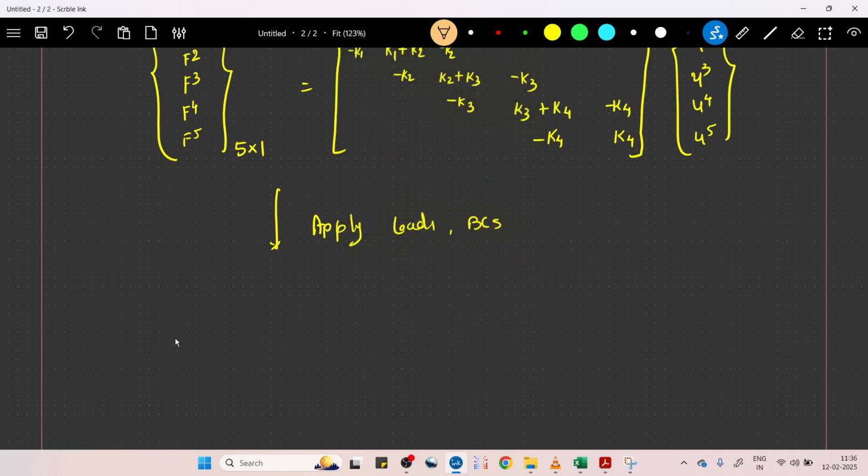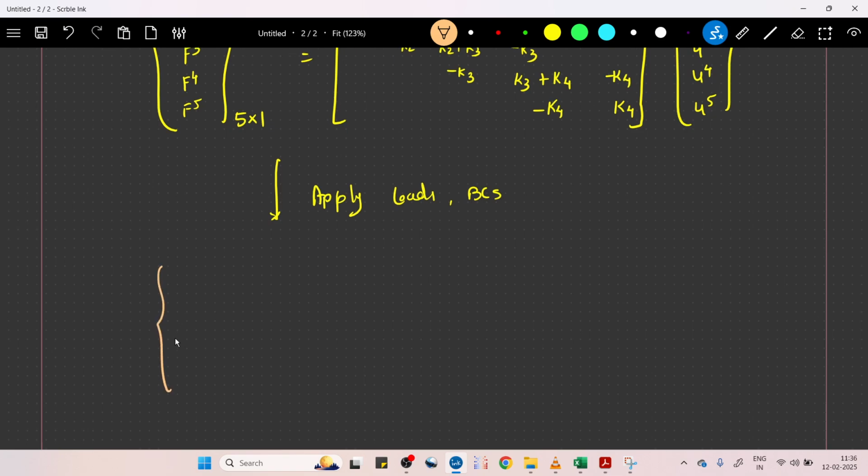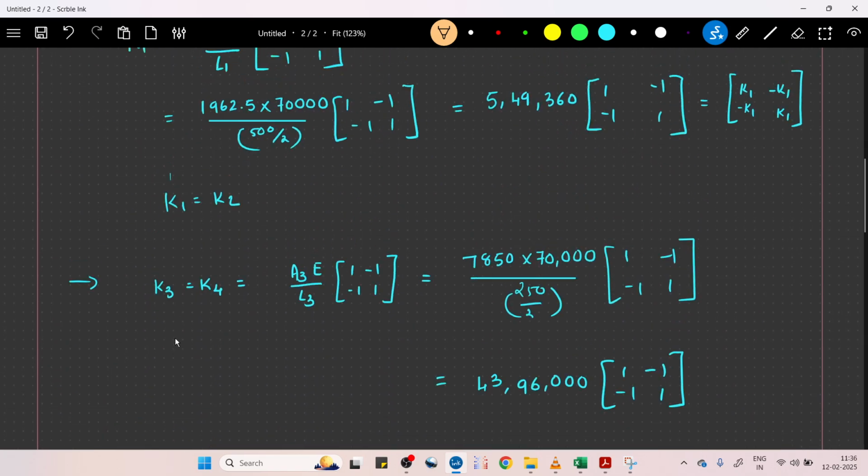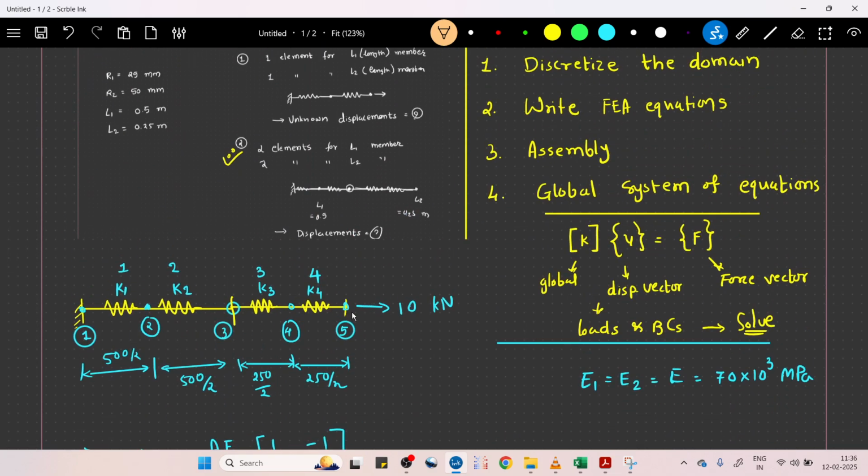Let me write down the force vector. In this problem, at node 5, this is one end, we are applying 10 kilonewton.